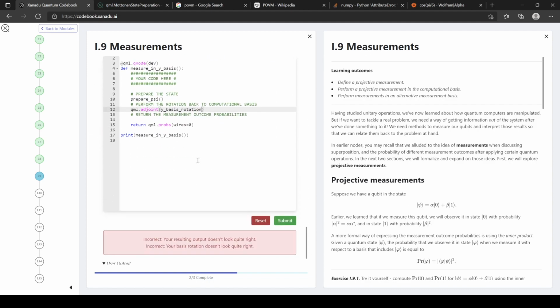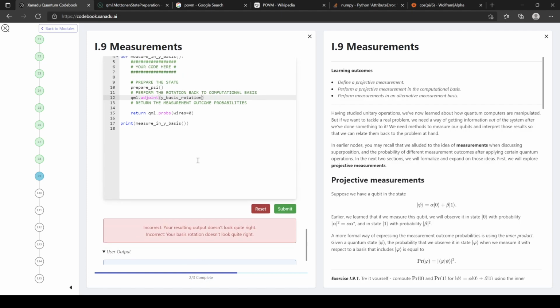So I'm not sure what's wrong here, but it doesn't like that answer.